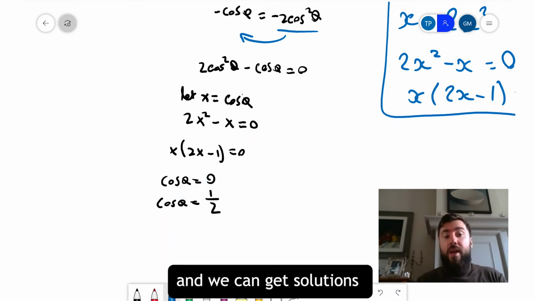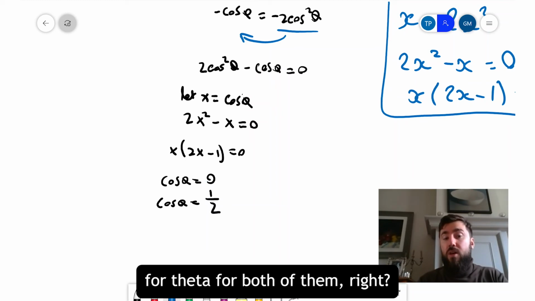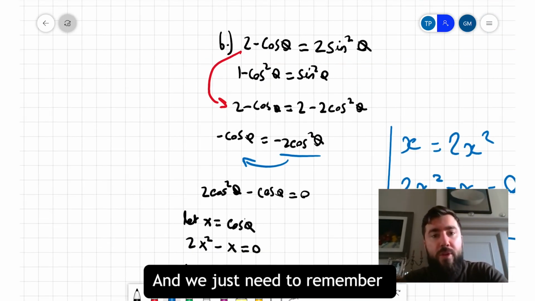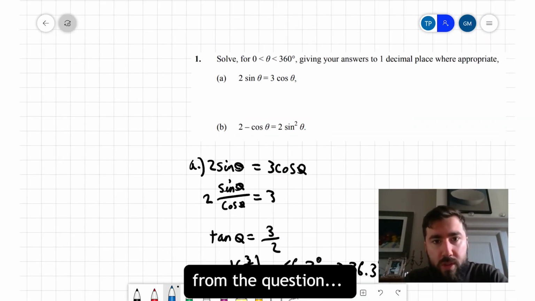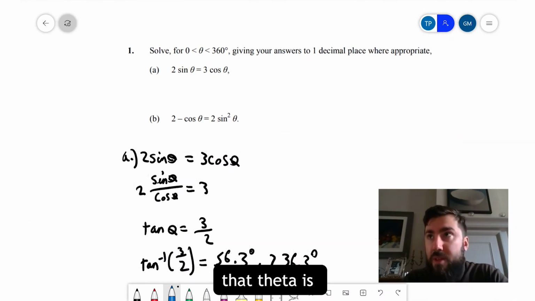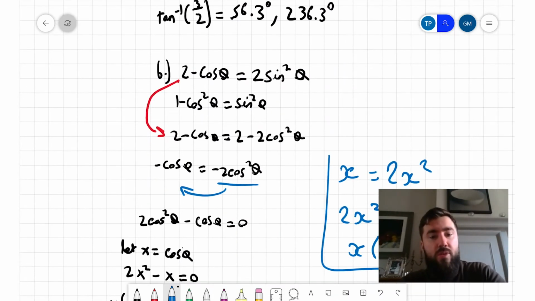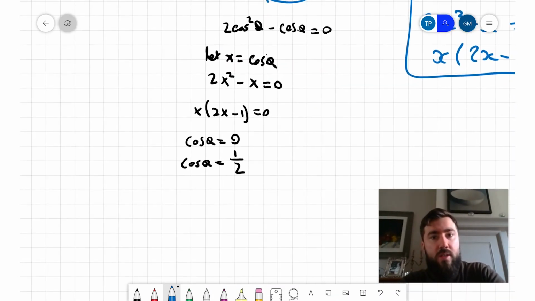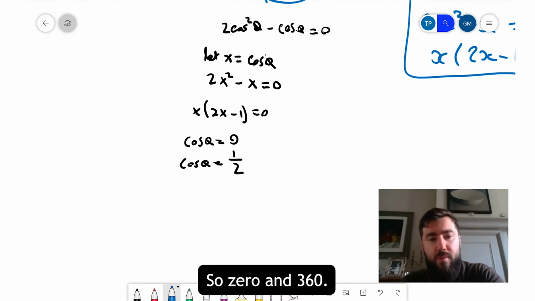And we can get solutions for theta from both of them. We just need to remember from the question that theta is between 0 and 360.